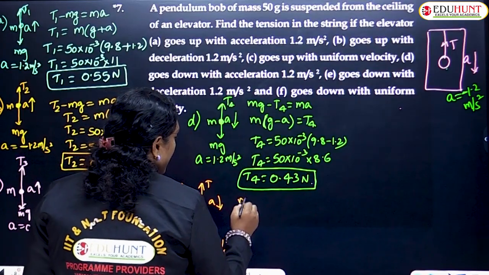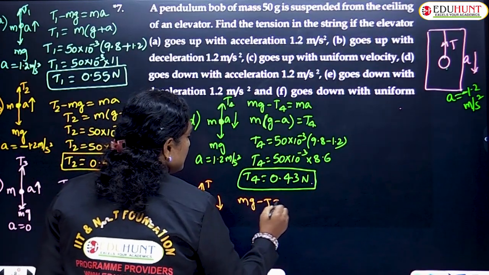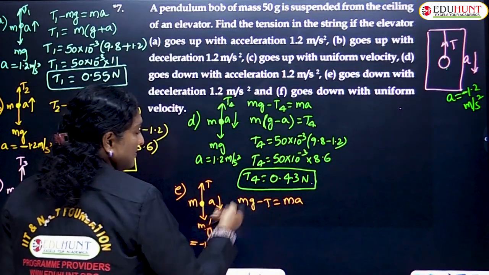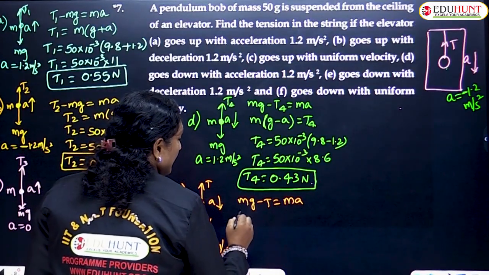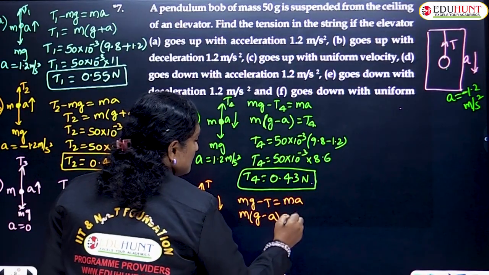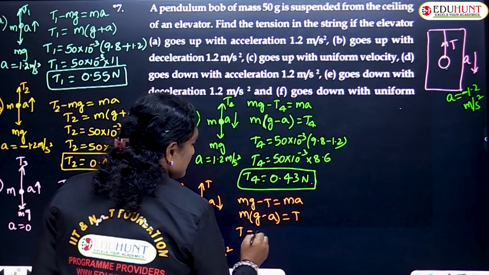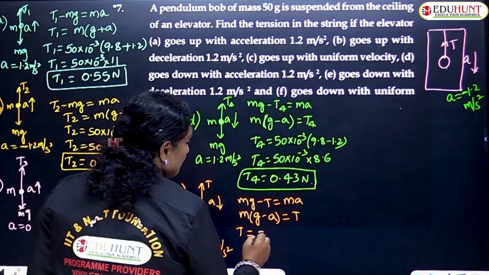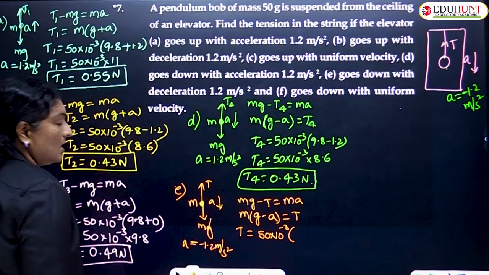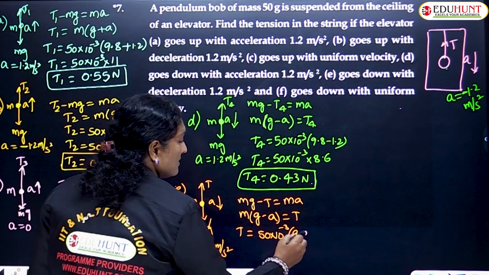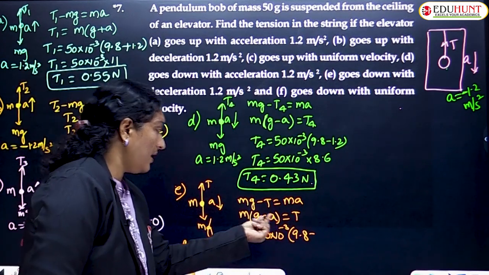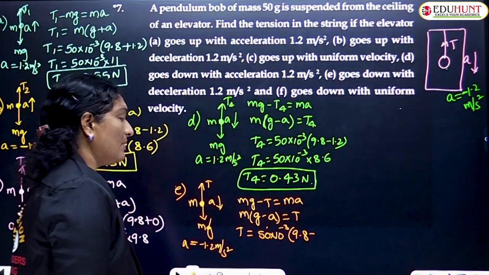Downward motion means mg minus T equals ma. Bring minus T this way and ma to the other side. We have m into (g minus a) as the value of T, or T is equal to mass m, taken as 50 into 10 power minus 3, into g, which is 9.8, minus a, and I have to replace a with minus 1.2.